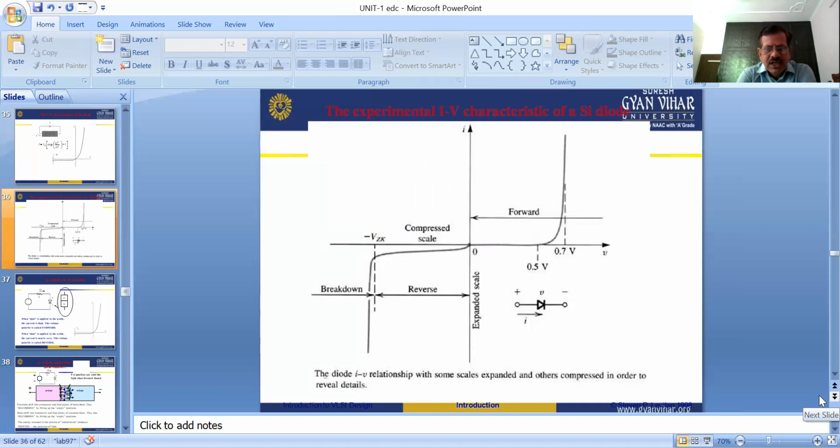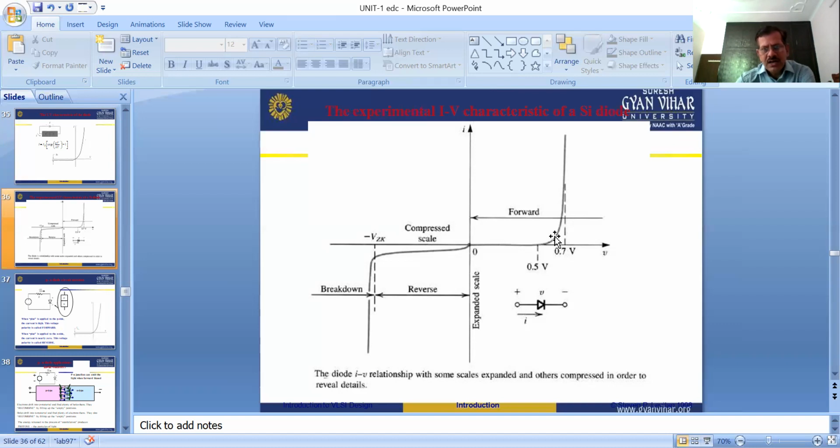You also see in this graph some voltage on the x-axis, here some 0.5 volt and 0.7 volt. This is the cut-in voltage of the PN junction diode. After the cut-in voltage, the diode will start to conduct, and the current increases as the voltage increases.